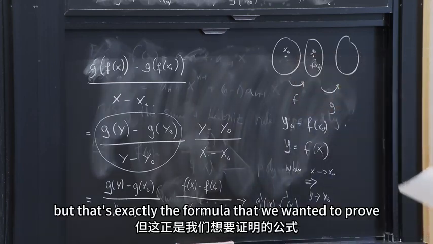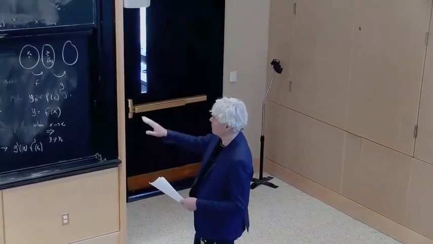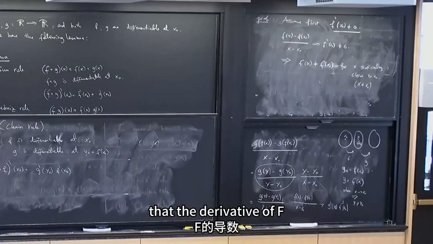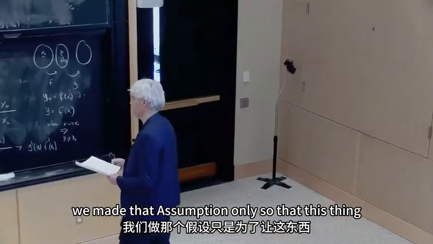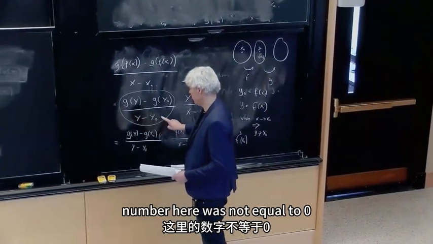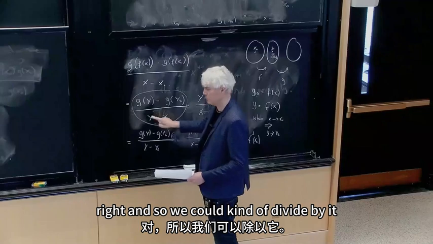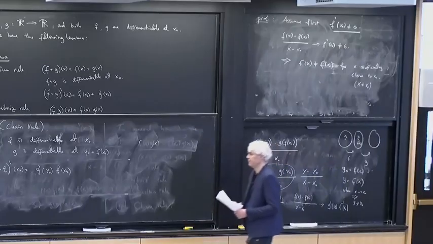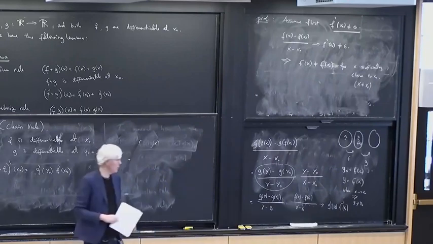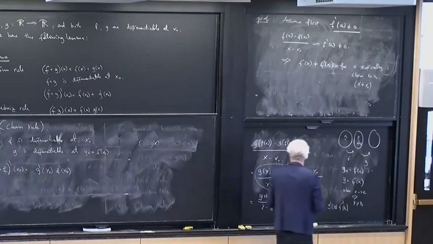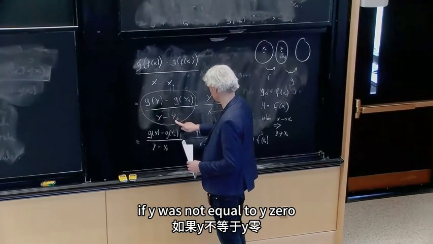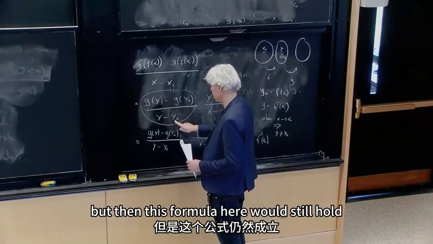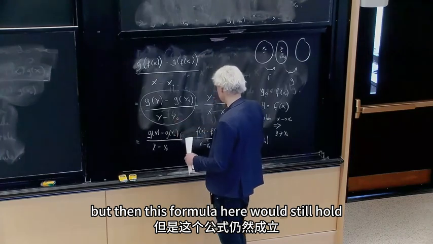But that's exactly the formula that we wanted to prove, except that we made one assumption, that the derivative of f at x0 was not equal to 0. We made that assumption only so that this number here was not equal to 0, and so we could divide by it. Otherwise, if y was not equal to y0, then this formula would still hold.